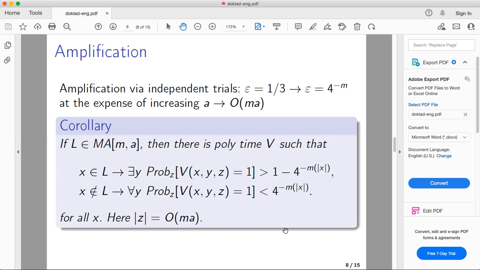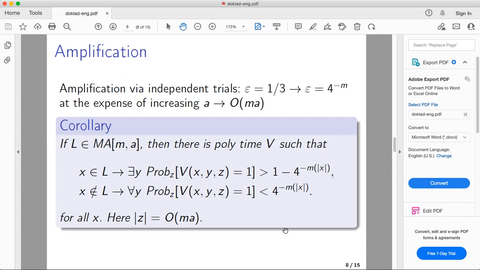The standard amplification allows us to decrease the probability of error from any constant strictly less than 1/2 to exponentially small, say 4 to the minus m, at the expense of increasing the amount of randomness by a factor of order m. And this is done as follows. We take our procedure V to check the proof, and we run it several times on the same inputs, but with different z's.